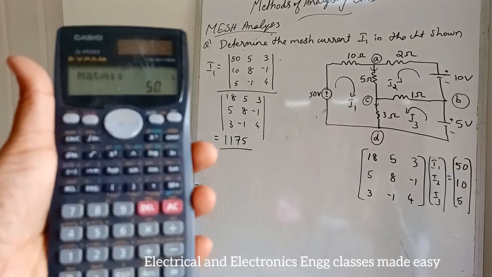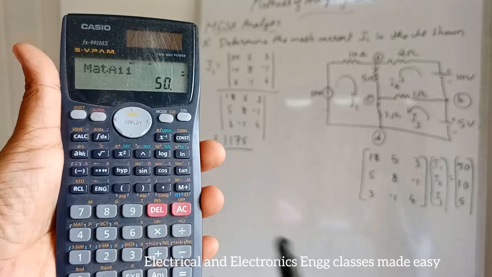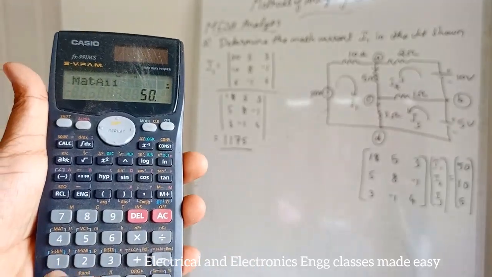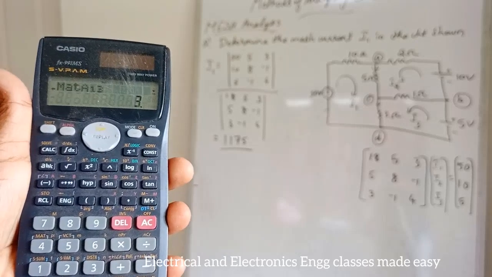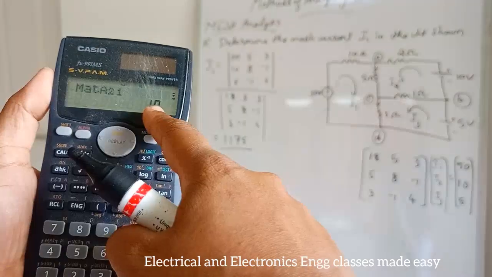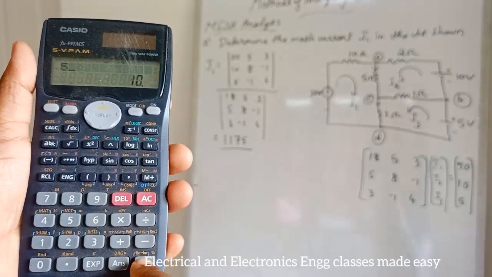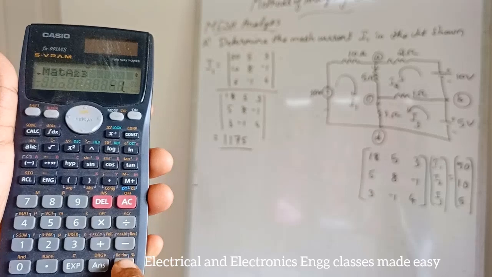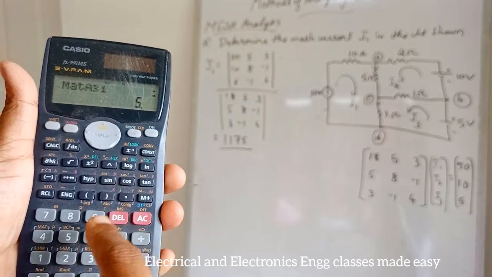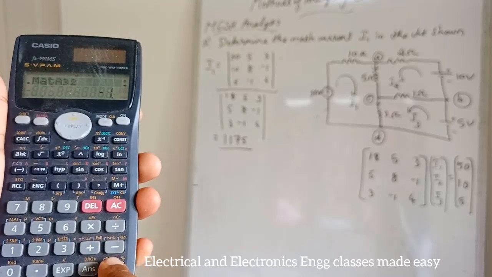So here we can change the first column values. That is A11 is here 18, then 5, 3. Next here 10, that we have to change to 5. Then A22 is 8, A23 is minus 1, that we have to change to 3.